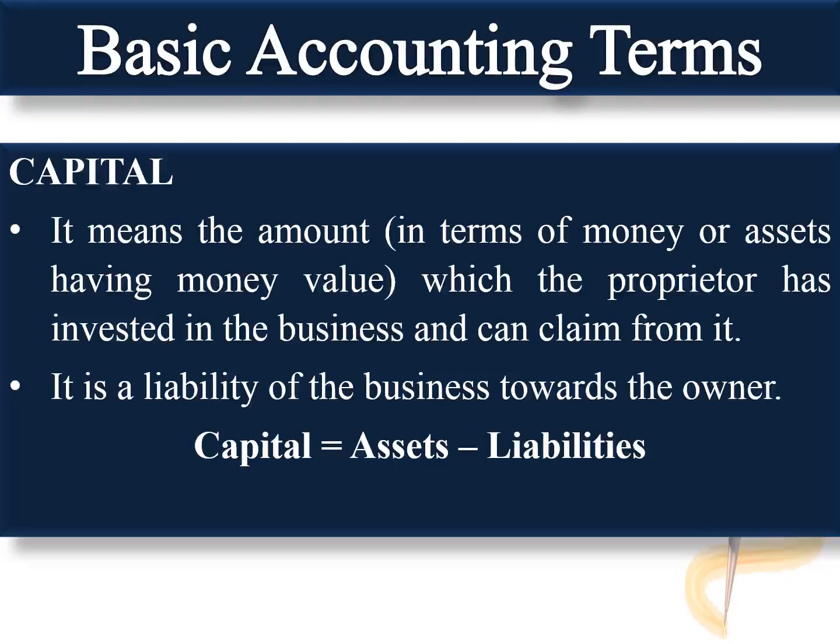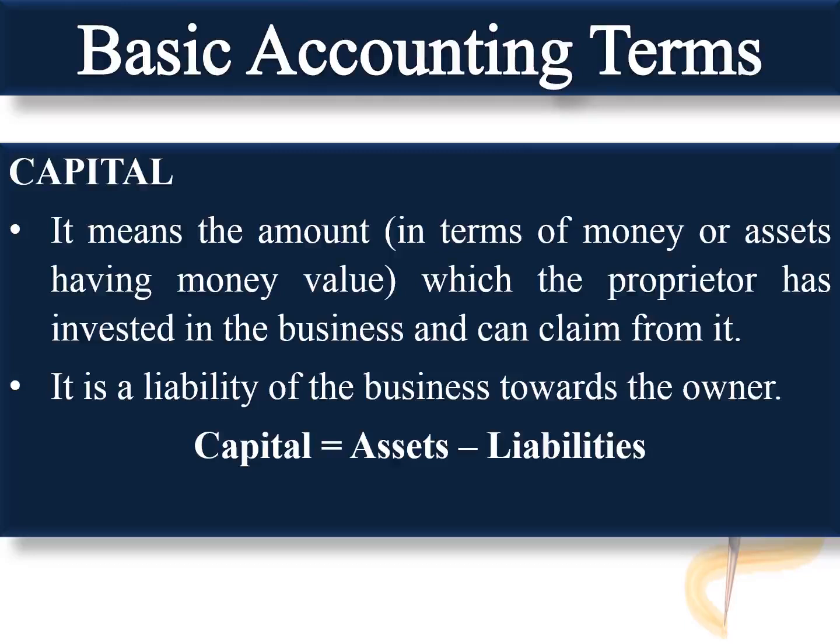There is a concept called the business entity concept. Business and owner are both separate identities. We are maintaining our books of account from the business point of view, not from the owner's point of view. That is why capital is called a liability for the firm.